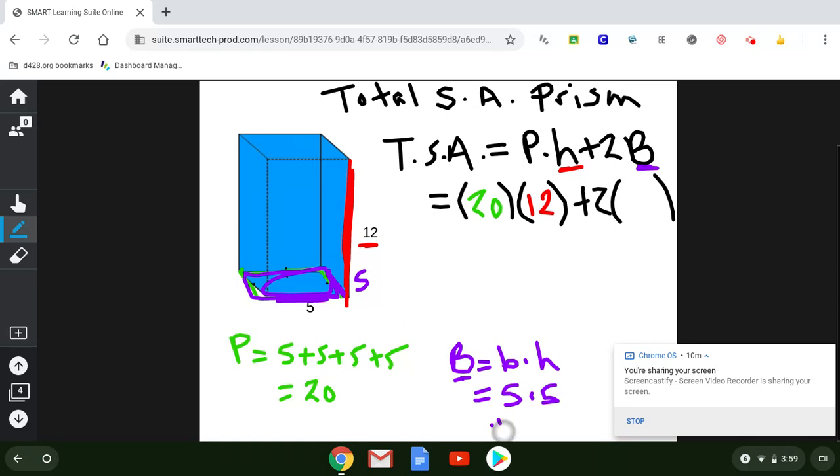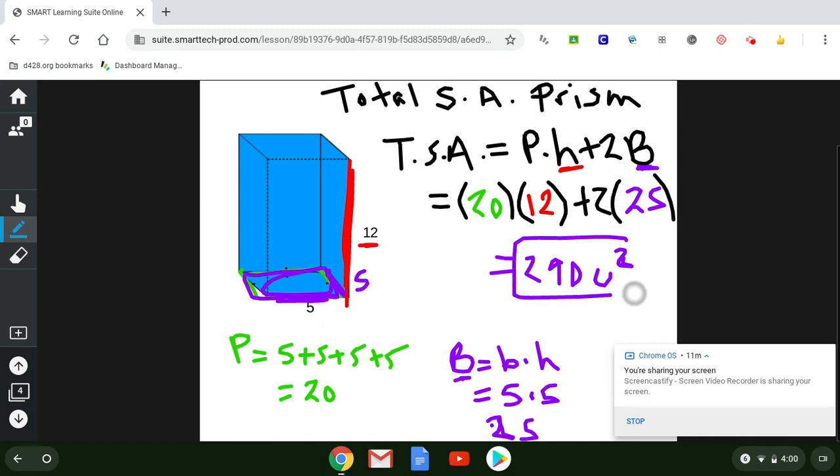Okay, 5 times 5 is 25. So here I put 25, and then I can just multiply that all together in my calculator and add it. And I get 290, and I'm going to put units squared, because we're doing area, so it's still squared. They don't give me units, so I'm going to use the U. So that's my answer.